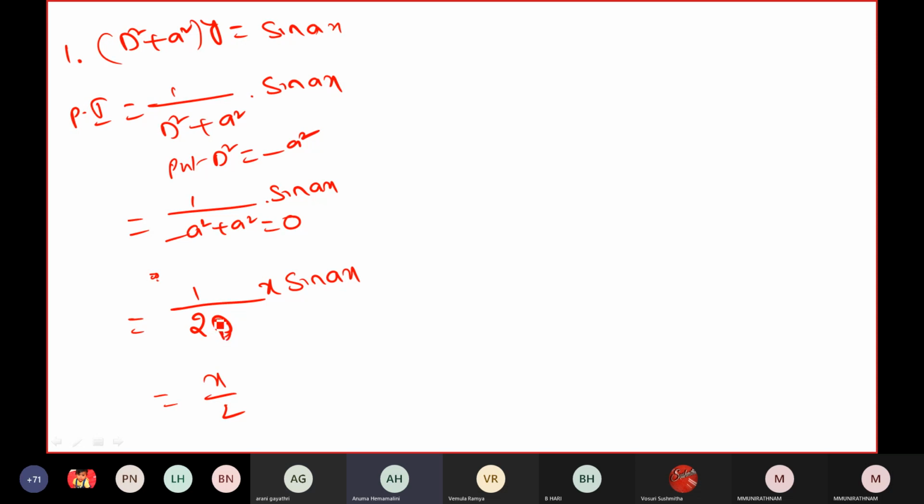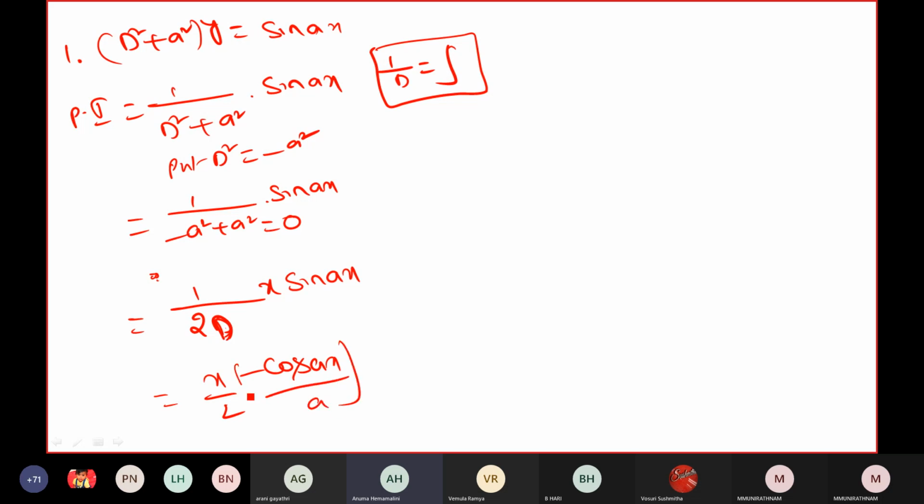What is 1 by D? 1 by D is nothing but integration. Integral of sin ax ante minus cos ax by a. అవునా? So this is minus x cos ax by 2a.